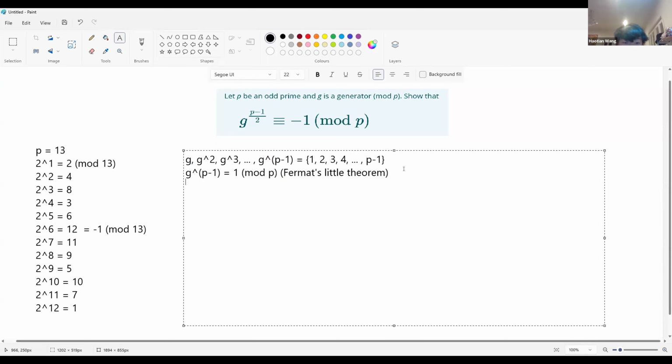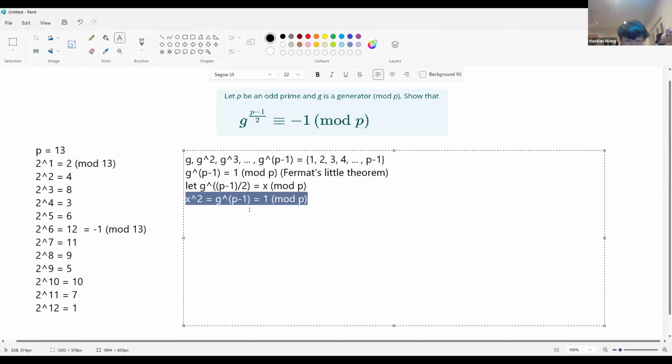We know if we let g to the p minus 1 over 2 equal x, just to make it easier for me to write, then we know x squared is congruent to g to the p minus 1, which is congruent to 1. Does this mean x has to be negative 1?